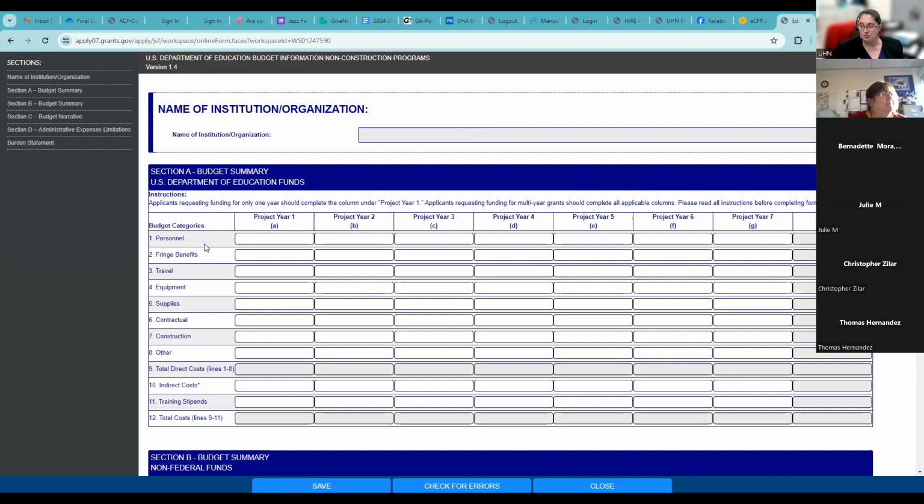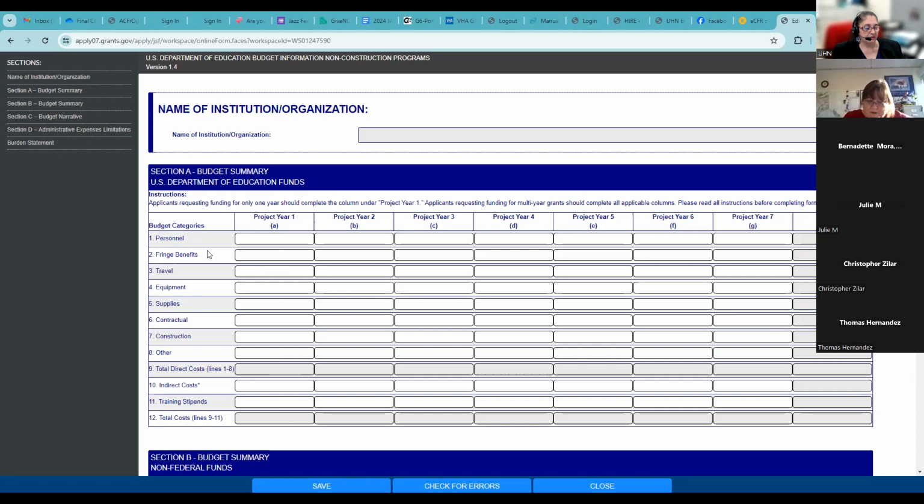This should actually correspond to your written budget narrative, so it's easy to translate the detailed description of your budget to this summary. And then identifying the breakdown by year.